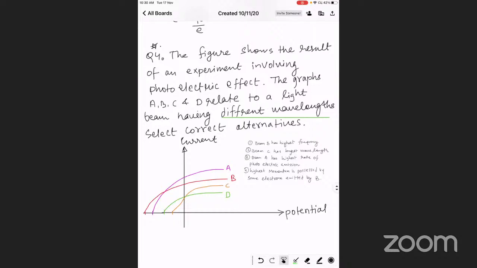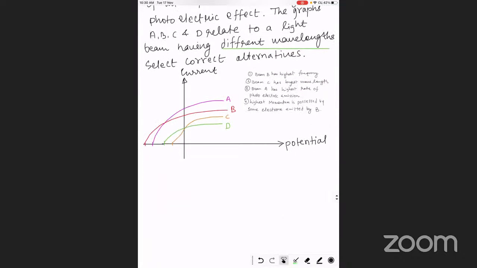Okay. Sorry, I cannot give you more time. Now see which beam has a maximum stopping potential. Like 4 beams are coming on a plate. Imagine 4 different beams incident on this metal plate.